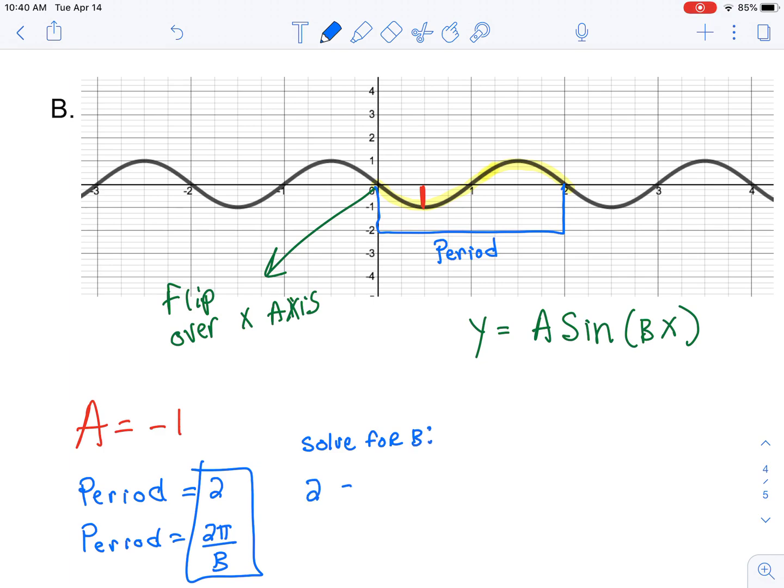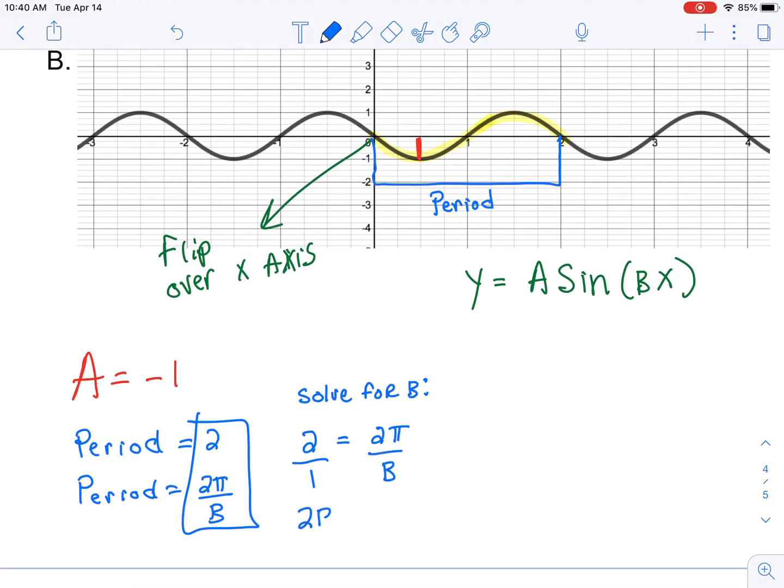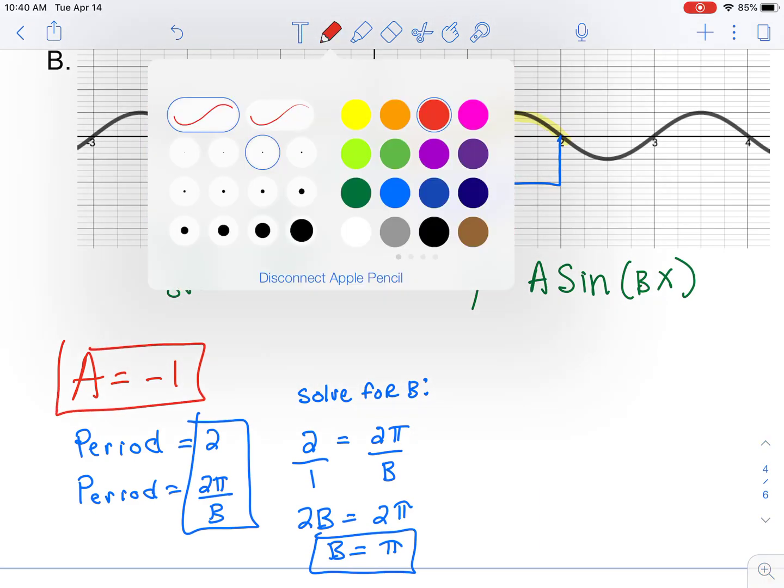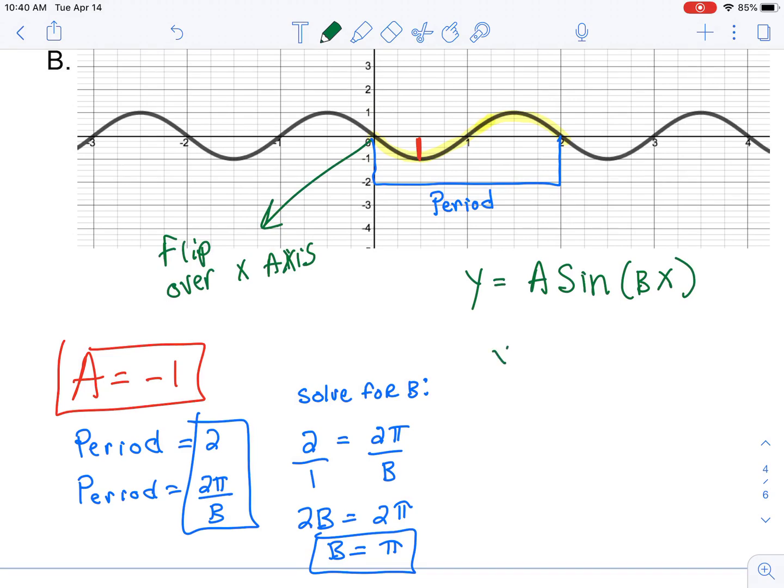So 2 is equal to 2 pi over b, cross multiply, and I get b is equal to pi. So I have my b, I have my a, I can write my equation. y is equal to negative sine pi x.